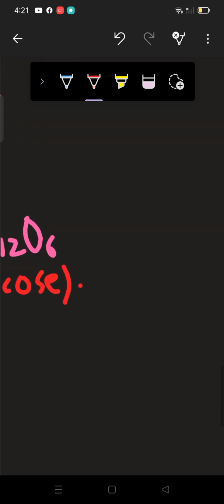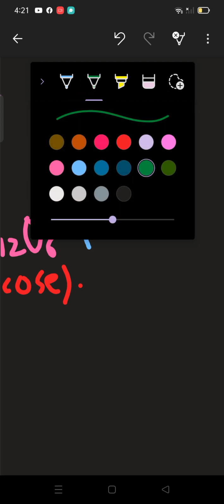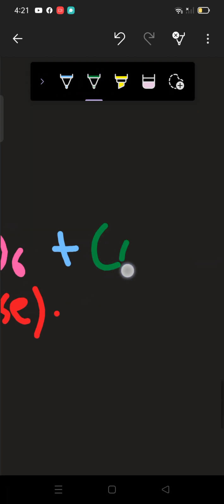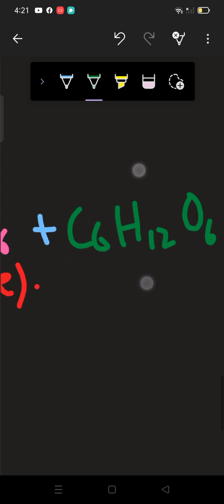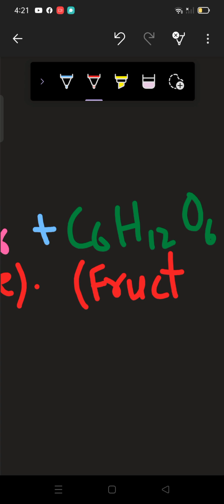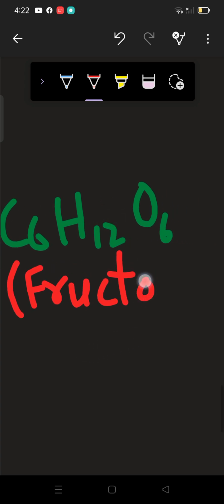It will produce another monosaccharide as well, C6H12O6 again, and that's the formula of fructose. What's the difference between fructose and glucose? Just the functional group. In fructose there was a ketonic group, and in glucose there was an aldehyde group.